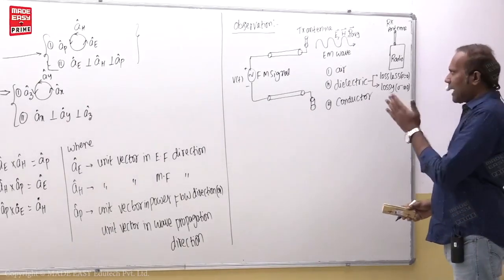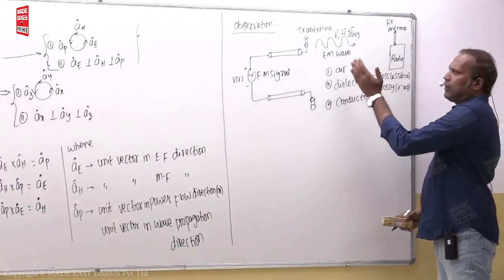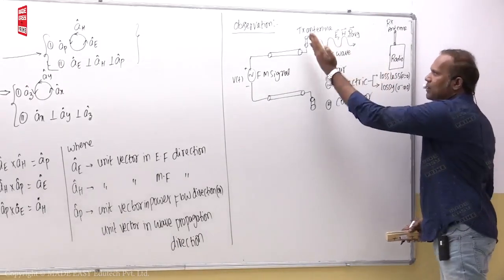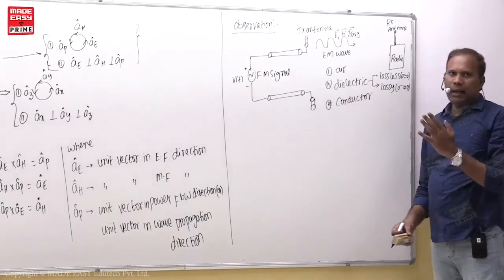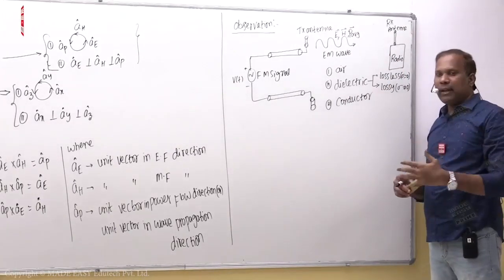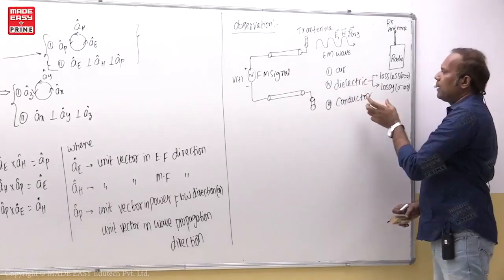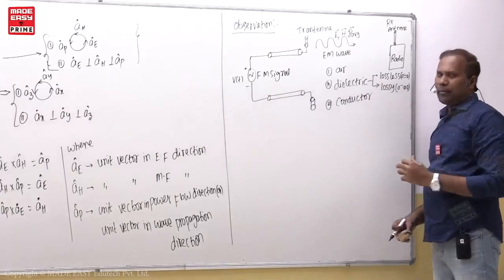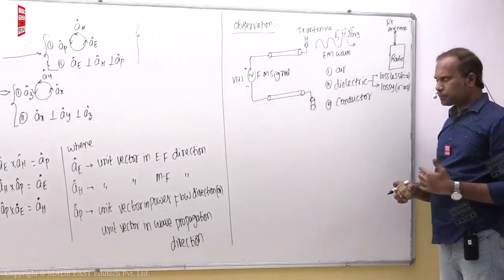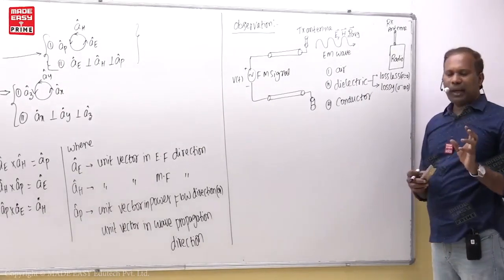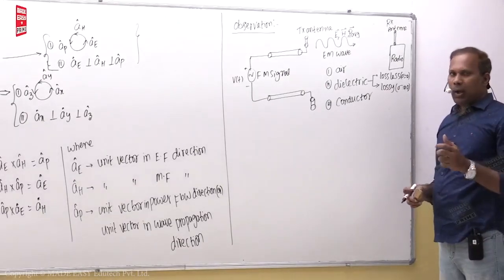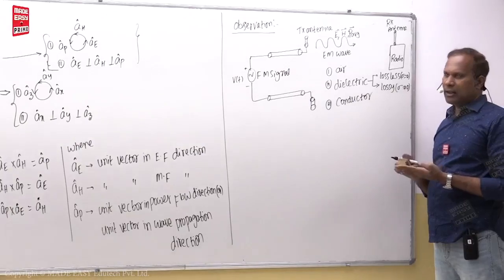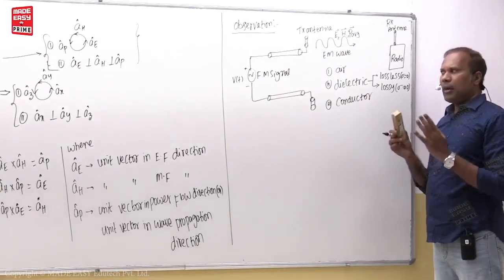So whenever wave travels, the wave means EM wave, whenever EM wave travels from transmitting antenna to receiving antenna, it experiences different mediums like air medium, lossless dielectric medium, lossy dielectric medium, then conductor medium. Different types of mediums come. So now we have to put the separate heading and study what happens to electric field equation, magnetic field equation, velocity equation, wavelength equation, impedance equation, power flow equation.